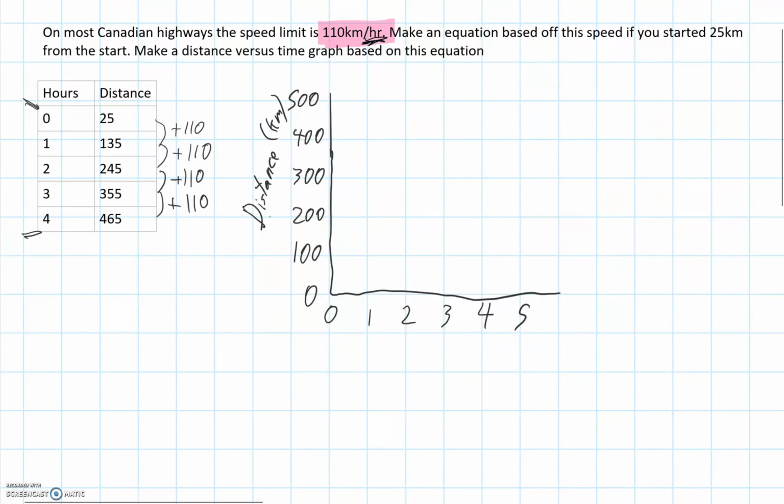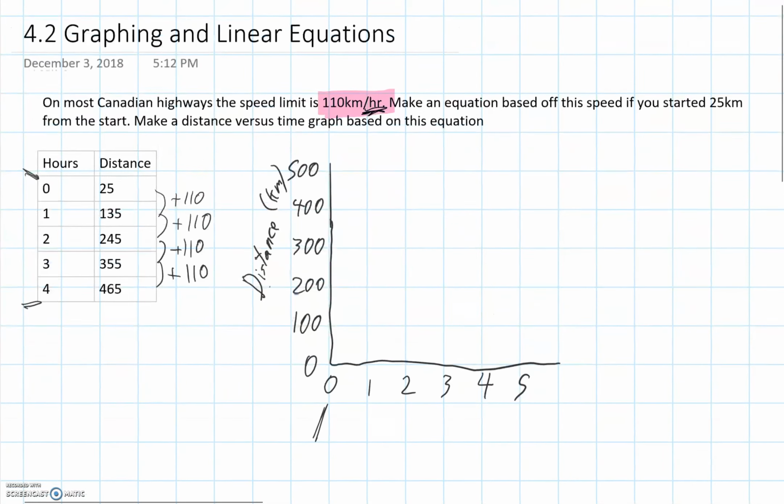Okay, so we've got this set up now. This goes from 0 to 4, we've got 0 to 5, so I like to go 1 over usually, give a little bit of space. This goes from 25, which is basically 0, to 465, which I'm going to round up to being 500. So I'm going just a little bit beyond that to give myself a nice round and even graph. So this is time in hours.